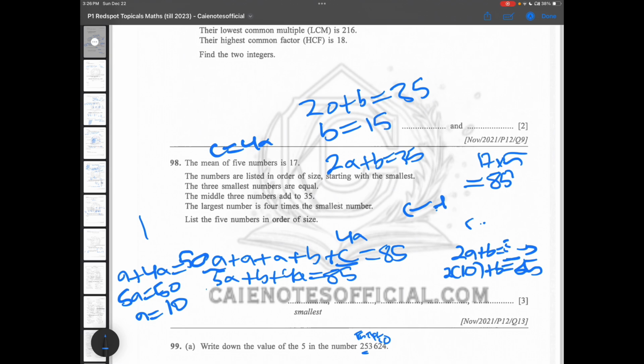So the five numbers will be 10, 10, 10, 15, and the last one will be 40. My Apple Pencil is out of charge now, so it's not working properly. But the B we just found is 15. This is the fourth number.